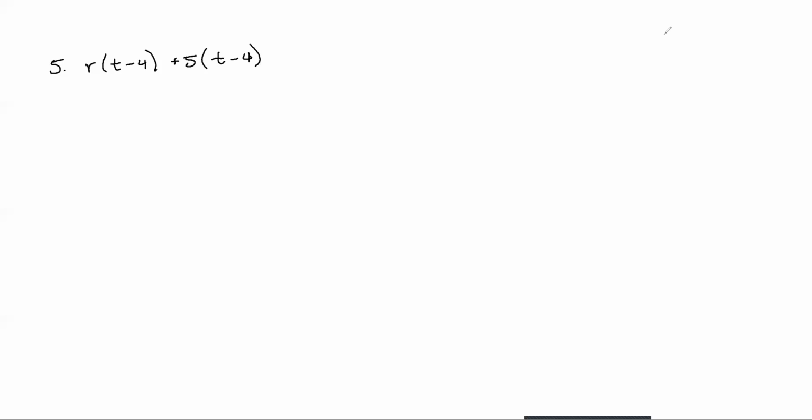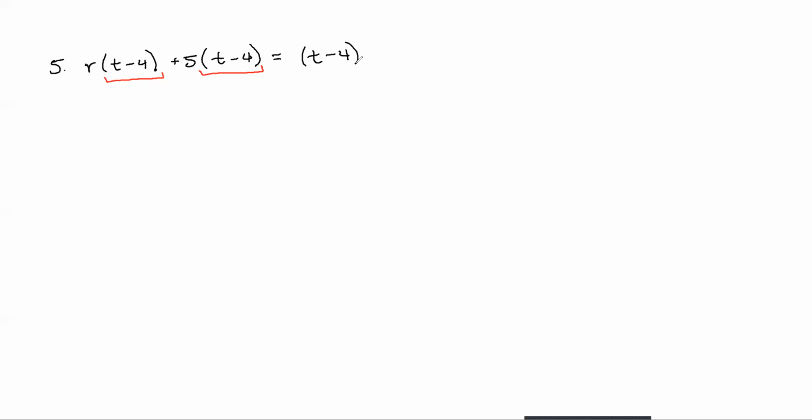What we want to do is see what they have in common. And so for this one, it's an entire group. They both have a t minus 4. So what we're going to do, we're going to factor out that t minus 4. So I'm going to put that t minus 4 out in front, factor it out.